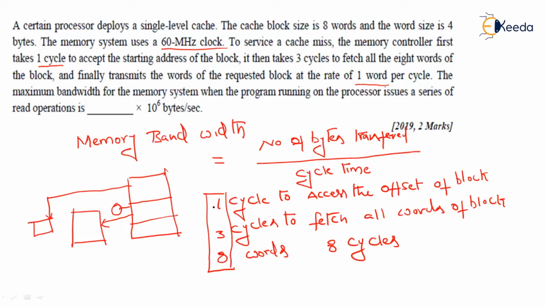That is 1 to access the starting address of this block, 3 clock cycles required to fetch all the words, 8 clock cycles are required to transfer all the 8 words to the cache memory. Total clock cycles is equal to 12 clock cycles.